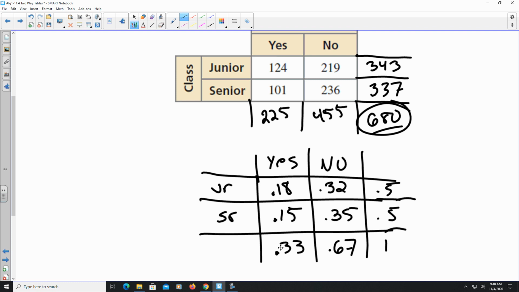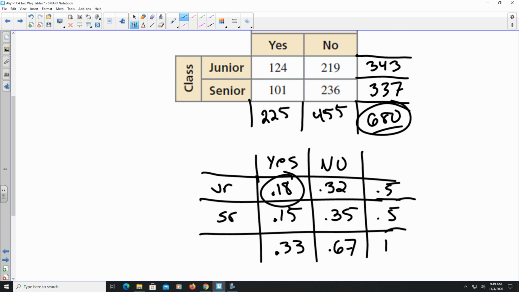So what does this mean with respect to the original piece of data? Let's just look at this one right here. All right, so 0.18 of juniors say yes. So you could say about 18% of the students that are juniors are planning to major in the medical field.